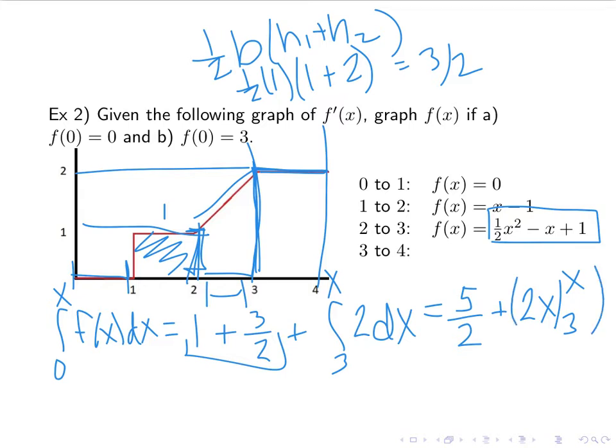And again, that 5/2 is not part of that evaluated from 3 to x part. So I've got my 5/2 plus 2x minus, plug in 3, is 6. So that's going to give me 2x minus 7 over 2 as my equation for my function from 3 to 4.